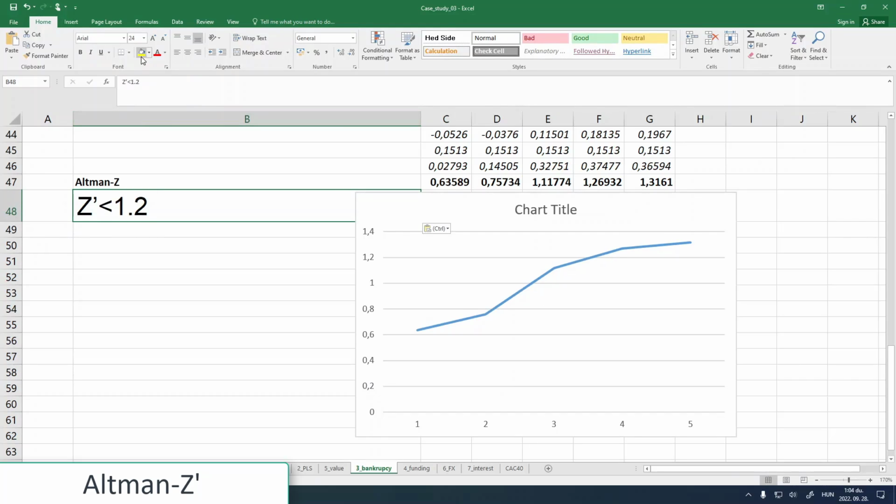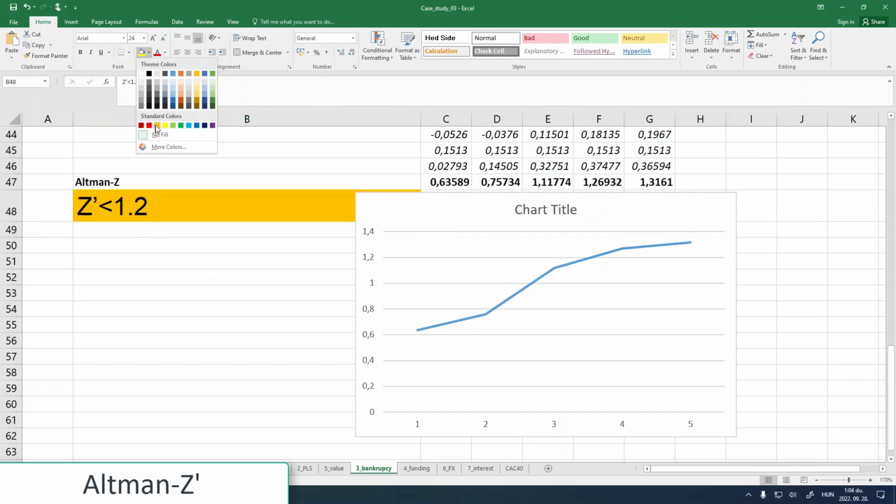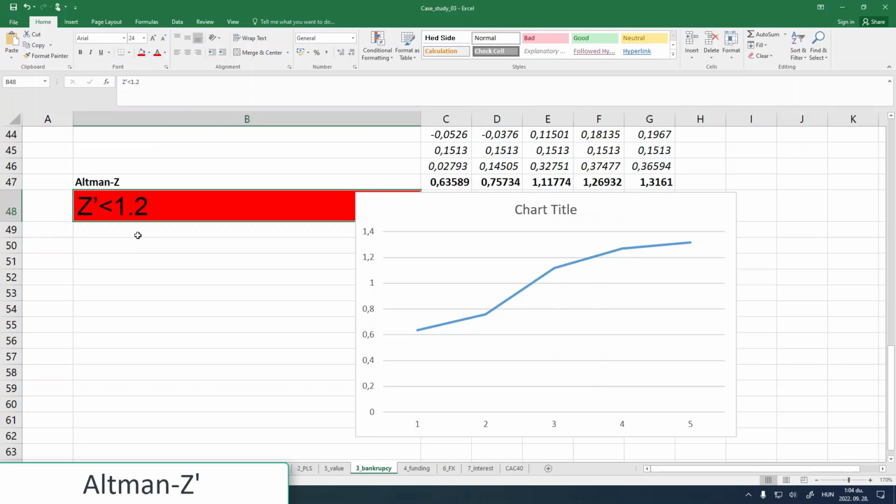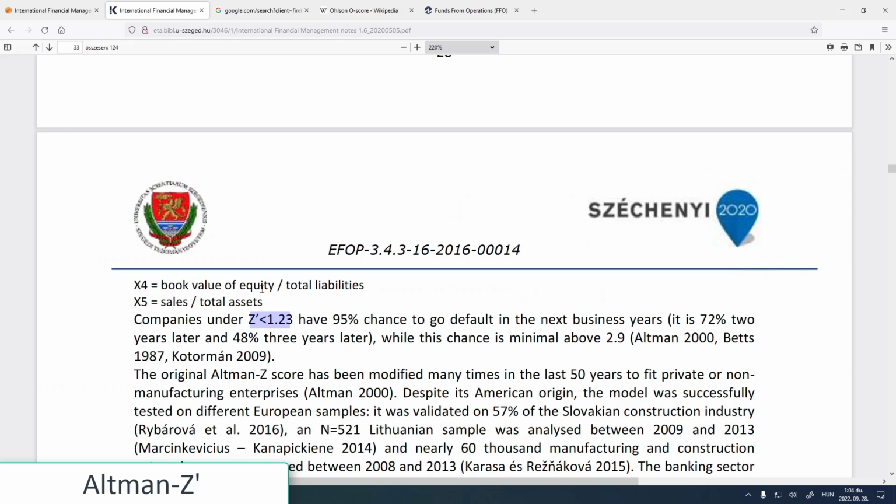So if we have this thing, then... Oh, sorry, it should go upwards. Okay, so it's going in a good direction. Because if we have smaller than 1.23, then it's bad. So there is a high chance to go to default in the next business years, and still a high chance to go to default 2 years later, and even, yeah.